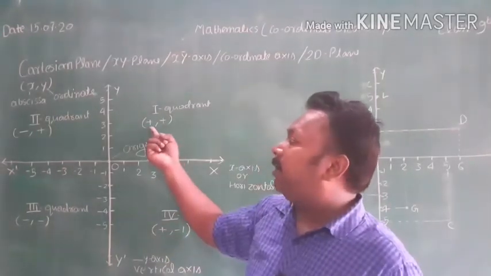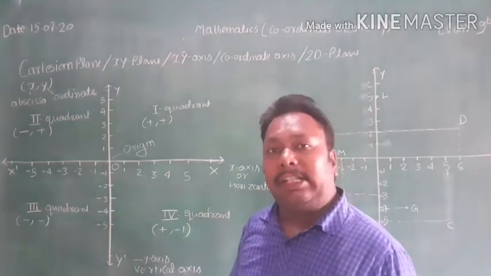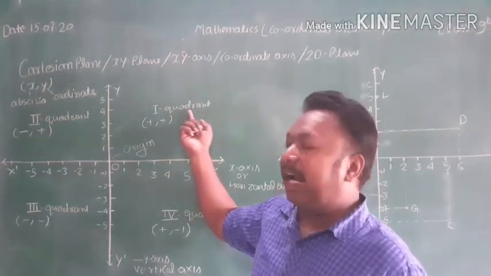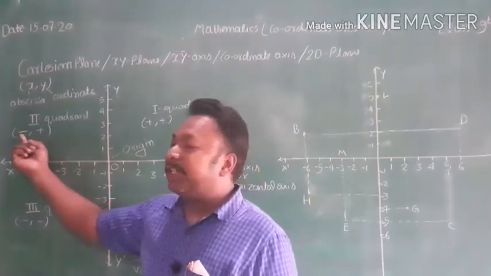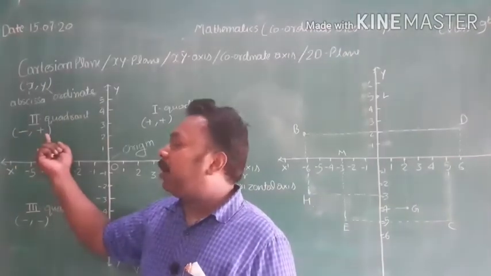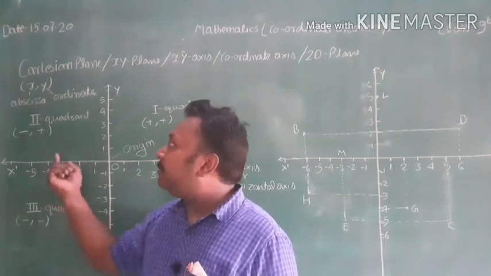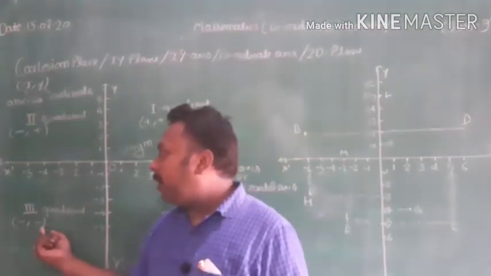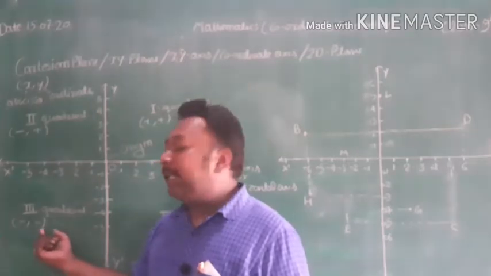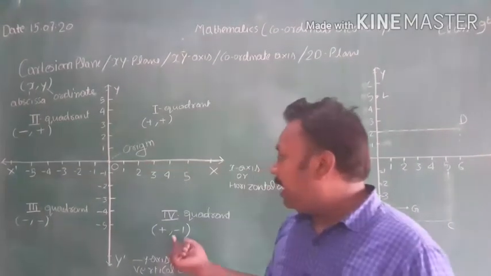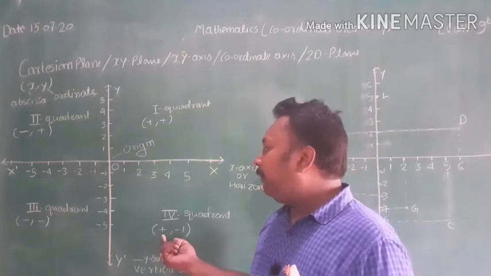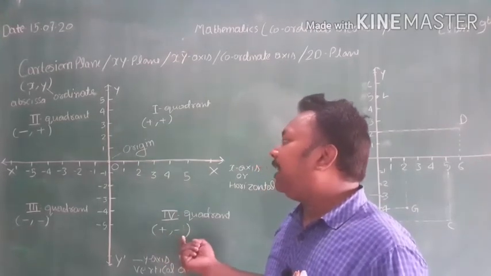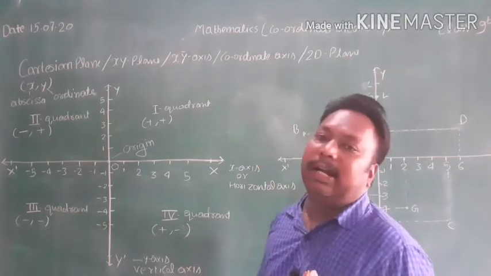If the sign of both abscissa and ordinate is positive, then this point always comes in the first quadrant. If the sign of abscissa is negative and the sign of ordinate is positive, then it comes in the second quadrant. If the sign of abscissa and ordinate both are negative, then it comes in the third quadrant. If the sign of abscissa is positive and ordinate is negative, then it comes in the fourth quadrant.